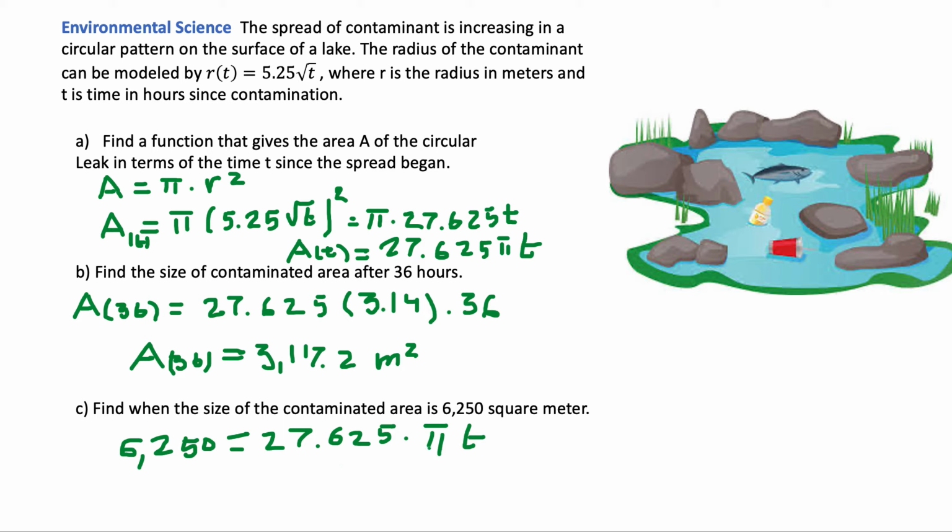We have a pi, and here is a t, and we want to solve for time. We want to know how much time it is going to take for the contaminant to spread over 6,250. So I'm going to divide everything by 27.625 times pi.